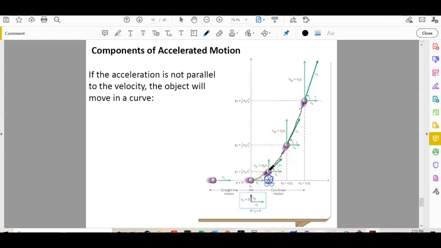Well, if you track this first second, so if this is 0 seconds, this is 1 second, 2 seconds, 3 seconds, the object would be right here, and then right here, and then right here.